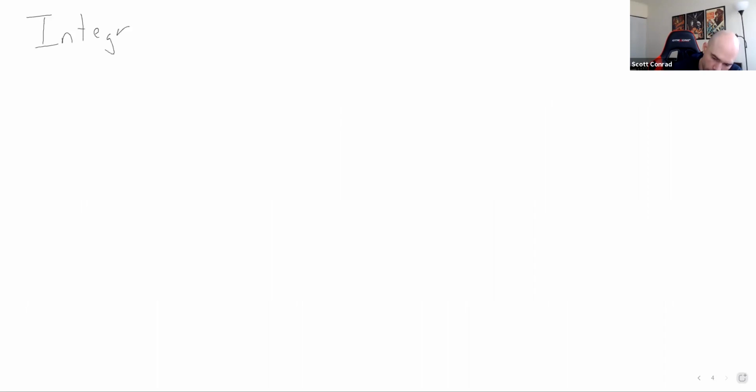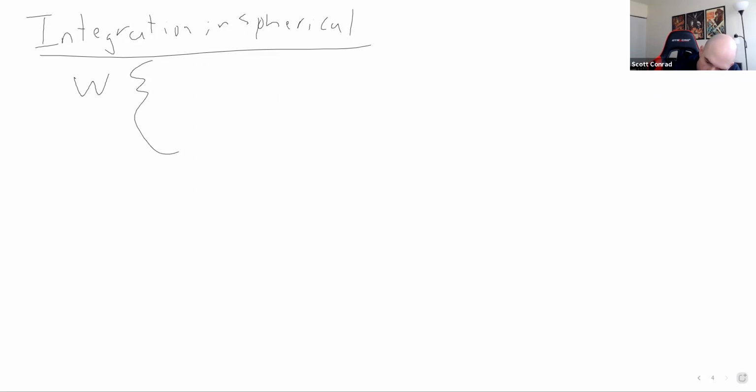Okay, so let's look at how to integrate. So the way we usually do these, we usually allow rho to be bounded by functions of phi and theta.